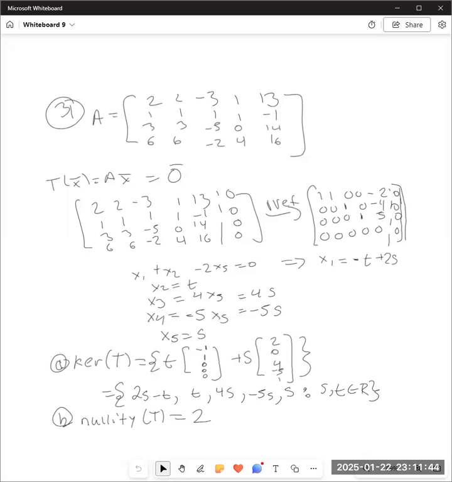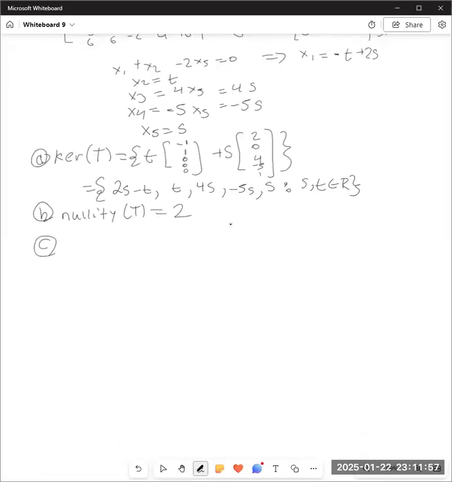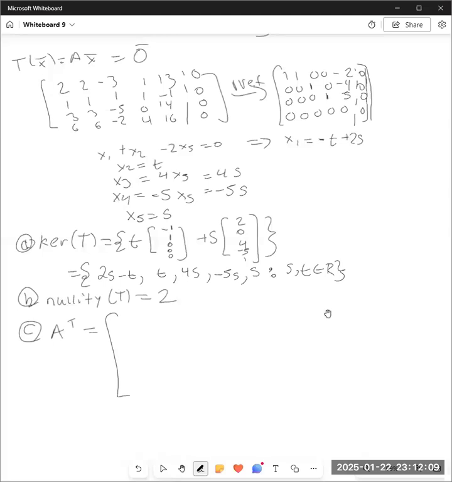And let's see here. So that was part B. Let's move on to part C. On the transpose of A, that gives me 2, 2, -3, 1, 13, 1, 1, 1, 1, -1 down here, 3, 3, -5, 0, 14 down there, and 6, 6, -2, 4, 16 down this way.